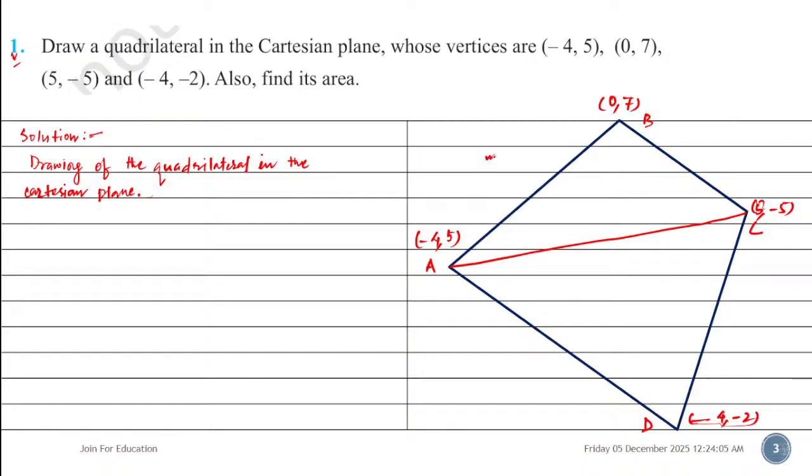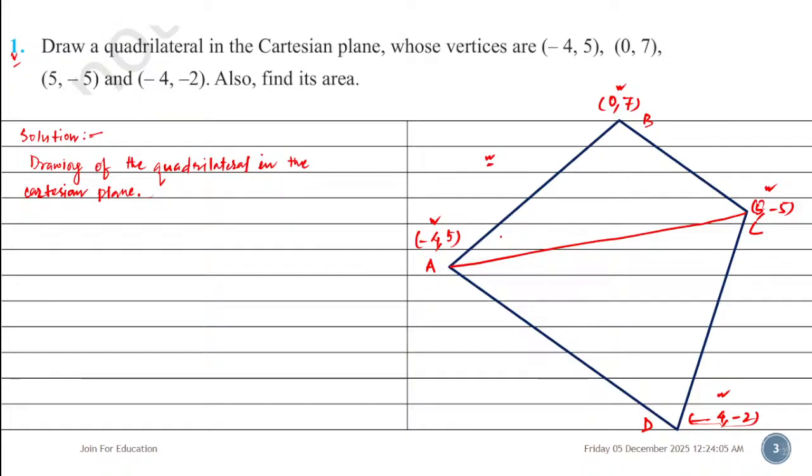Okay, this is the drawing of the quadrilateral in the Cartesian plane, whose vertices are (-4, 5), (0, 7), (5, -5), (-4, -2).